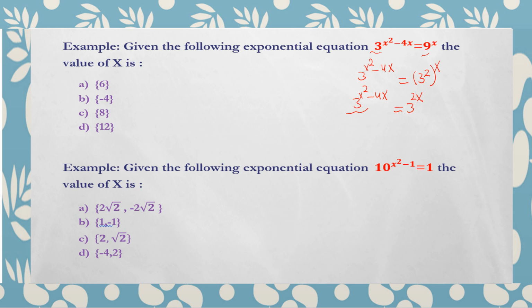In this step, the bases are equal, so the exponents are equal. So x squared minus 4x equals 2x. We bring 2x into the left hand side. Then x squared minus 4x minus 2x equals 0. So x squared minus 6x equals 0.